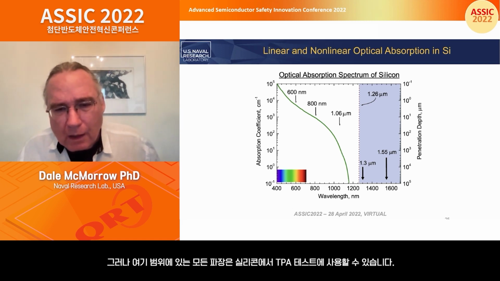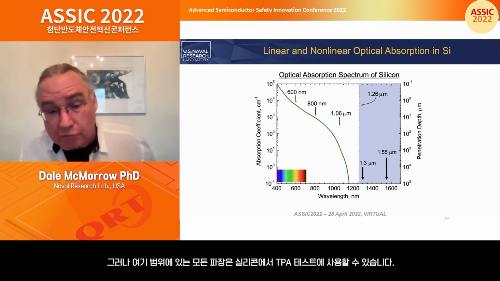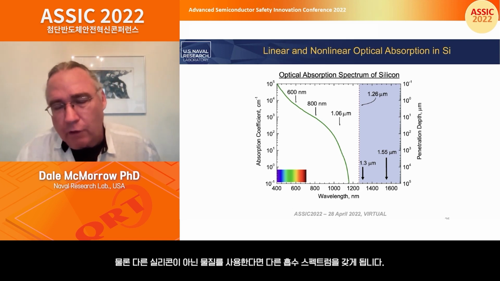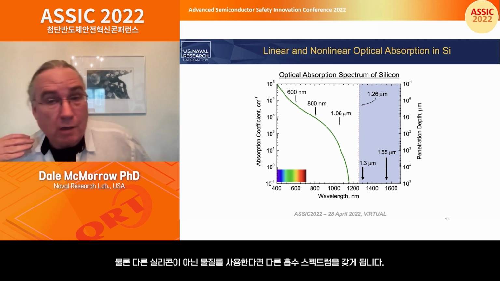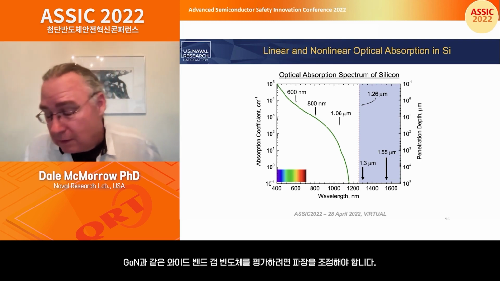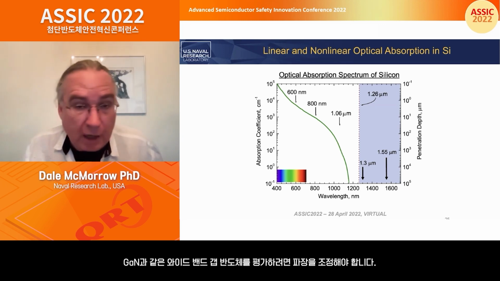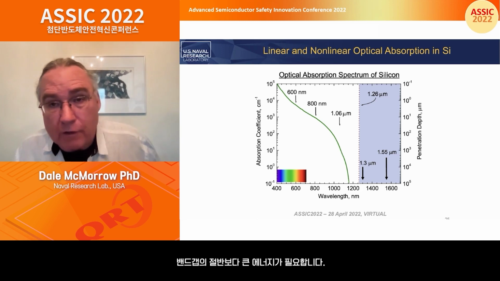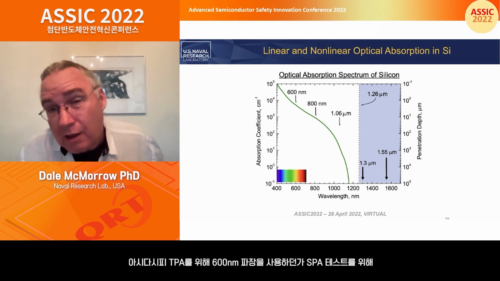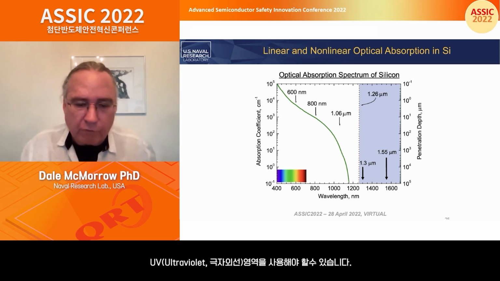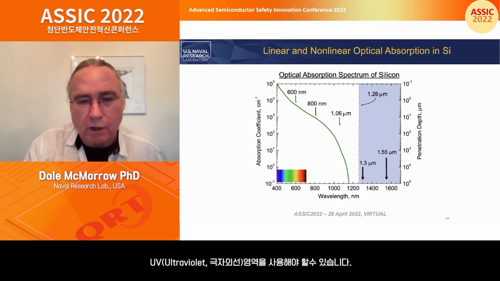But all of these wavelengths or any wavelength in this region can be used for 2-photon absorption in silicon. Now, if you go to different materials, of course, you have different absorption spectra, and you have to adjust for that. For something like gallium nitride, the wide band gaps, you need something that's larger than half of the band gap. So when we do those, you might be working around 600 nanometers for 2-photon absorption and go into the UV for a single photon absorption study.